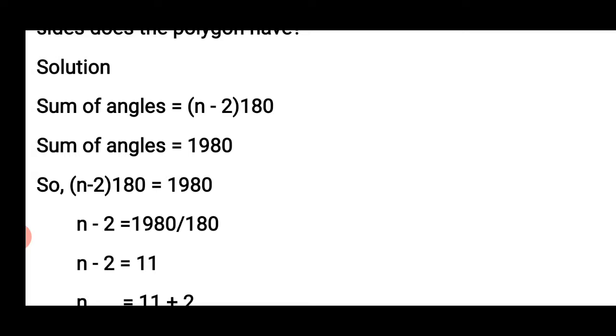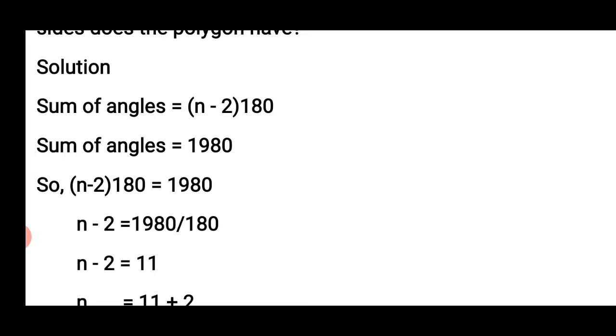So you can divide both sides by 180. When you divide n minus 2 into 180 by 180, you are going to have n minus 2. The bracket will disappear since you have divided it by 180.